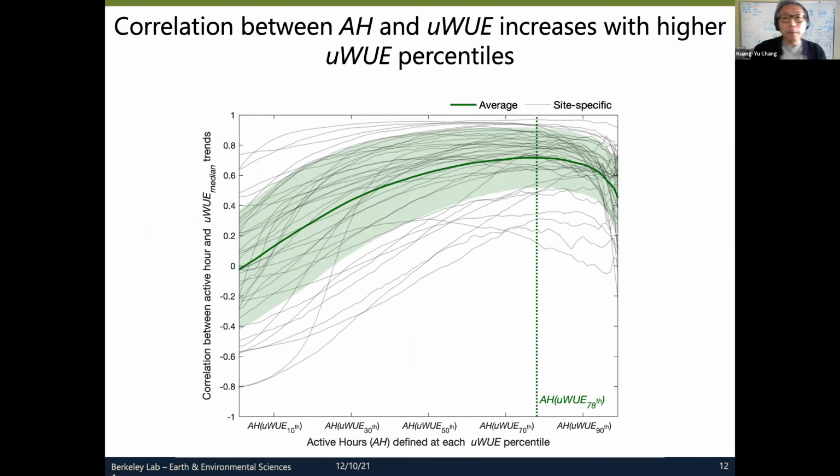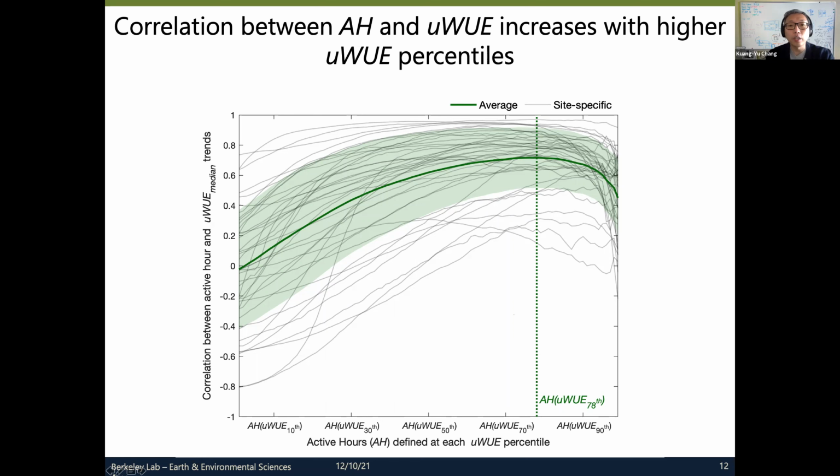We apply this MAH framework and calculate the correlation between water use efficiency trends and active hours defined at individual underlying water use efficiency percentiles, and found that the correlation between water use efficiency and active hour trends generally increases when active hour is defined by higher underlying water use efficiency percentiles.